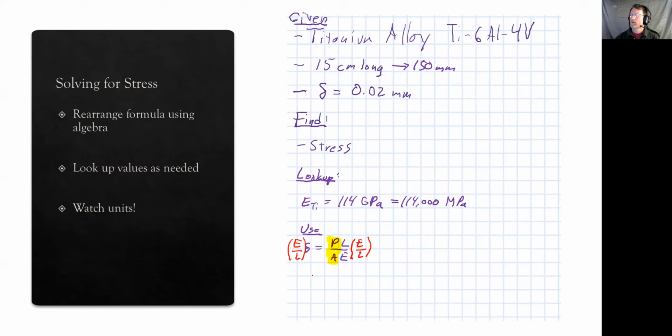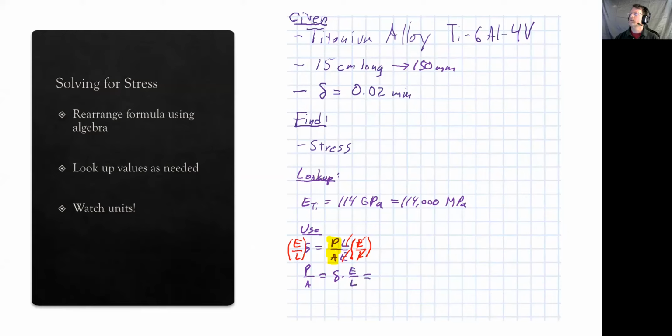Okay, and so I'm going to rearrange this, cancel these out, E, E, L, L. So P over A equals delta times E over L.